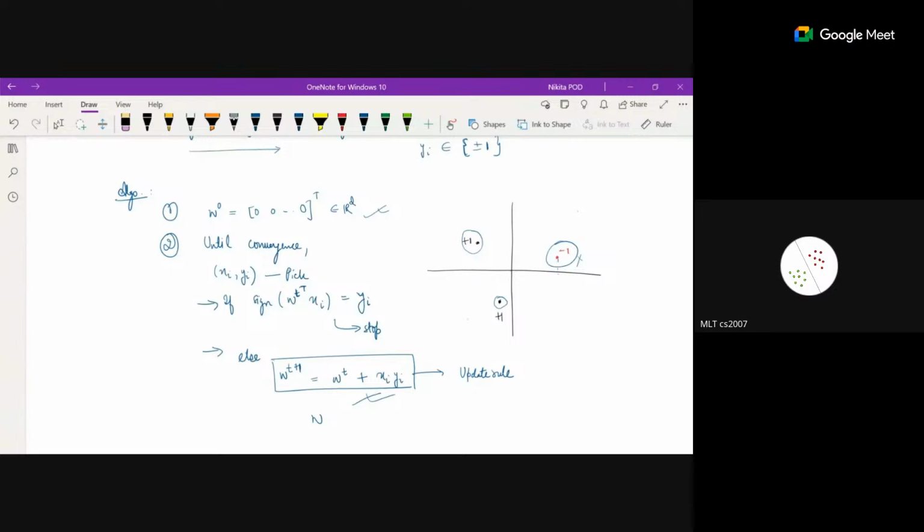It may not even be possible that your algorithm will converge, but if you are able to reach a point where my W is exactly able to predict what the labels are for the features, then we can say we have reached convergence, just like in this case. So here we are correctly able to classify my data points. Hope that is clear.